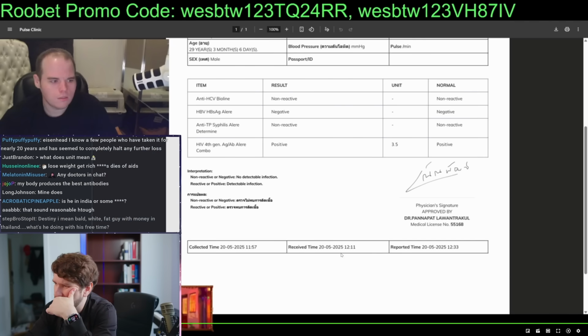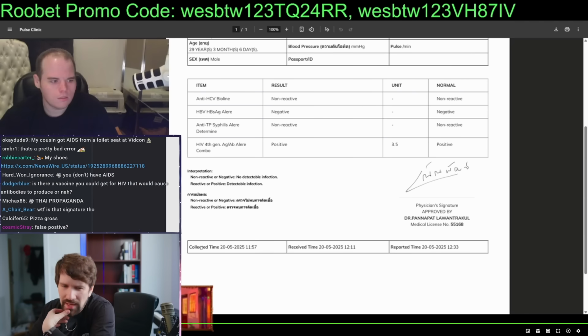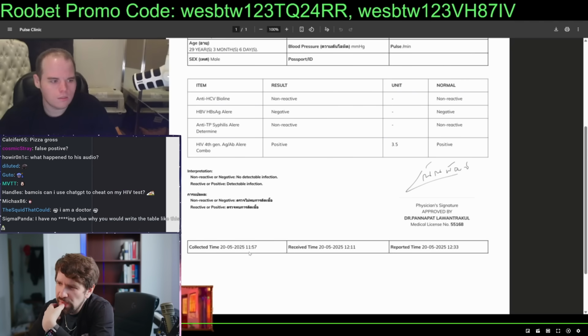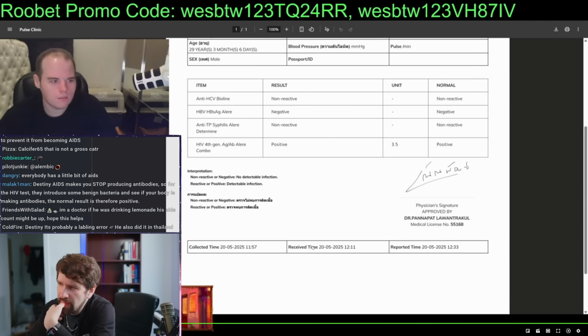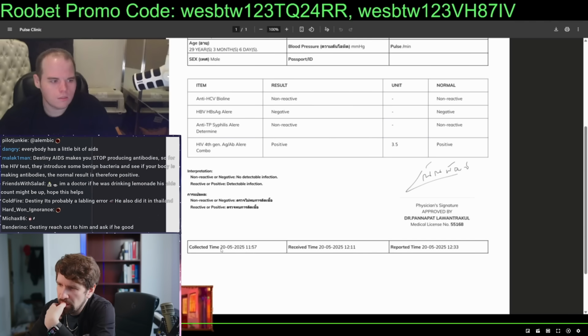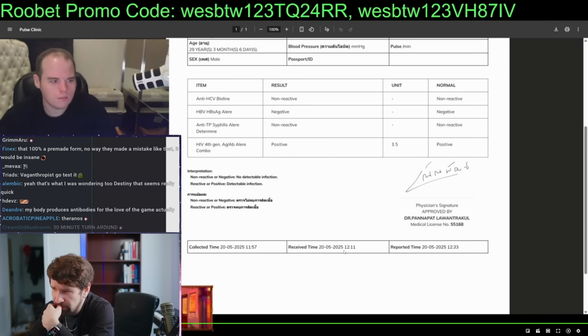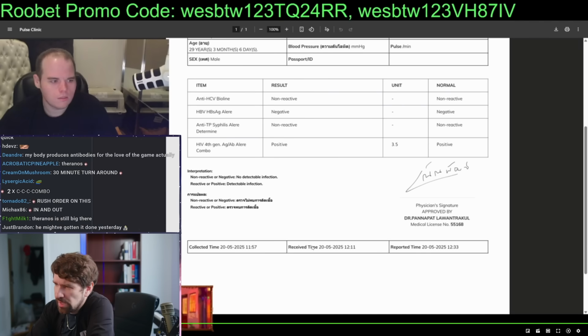Actually, wait a second. How fast can they do these tests? Collected time, is that when they collected the sample? At 11:57 a.m.? And then received time is when the lab, I'm guessing, received it, so it was collected at 11:57 and received by the lab like 14 minutes later. And then they had the results in 22 minutes and reported it to the patient?